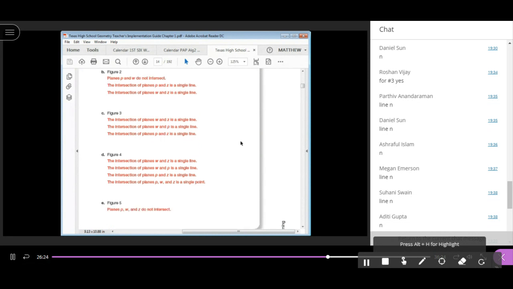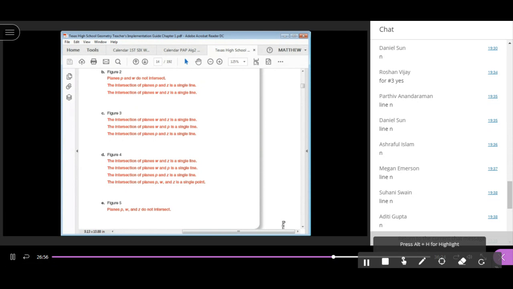Page 7, number 10. What did you get? Hold on, is this the one I shared already? Yeah, it's the fourth time I'm doing this.